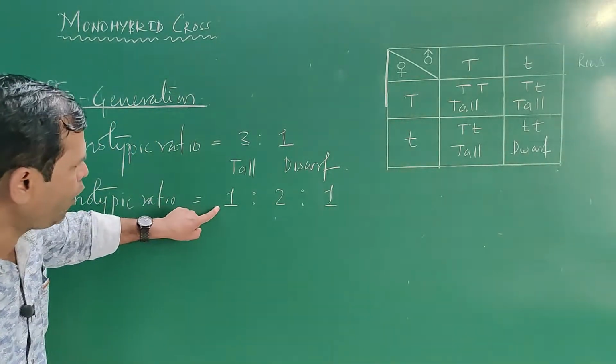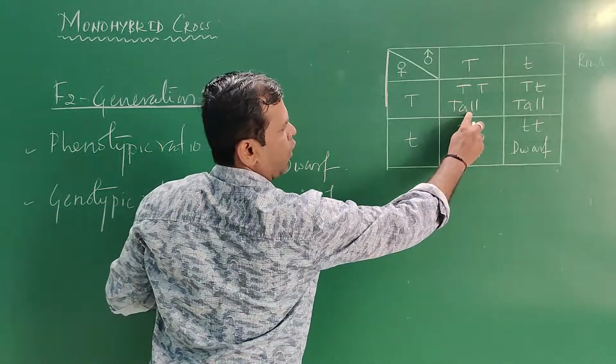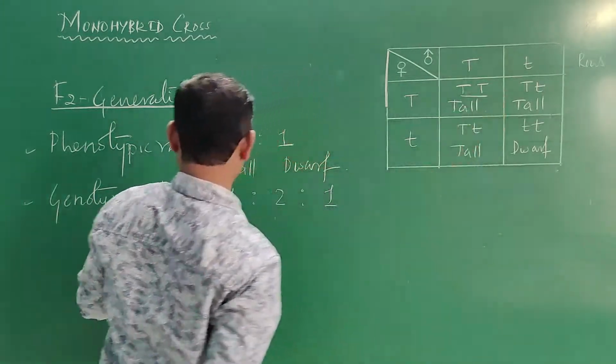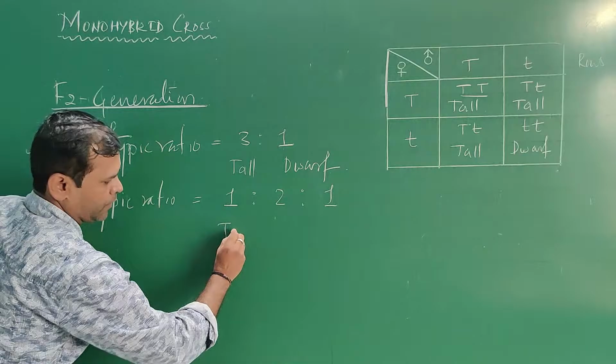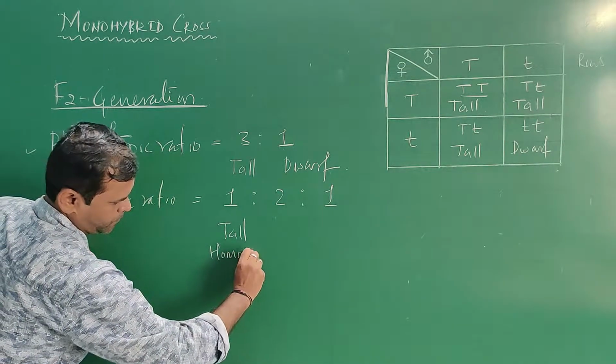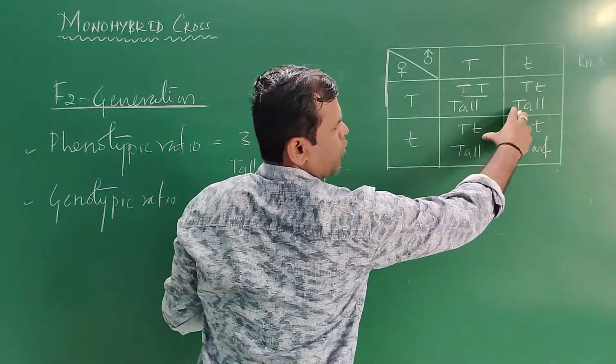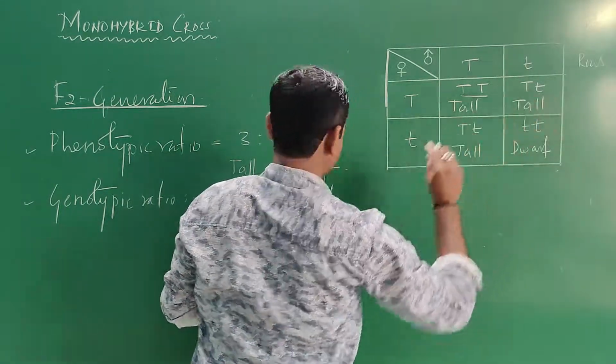That is, out of 4 plants, 1 is tall but capital T, capital T, that is tall homozygous, and 2 are tall but they are capital T, small t.